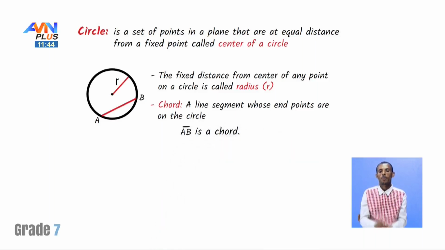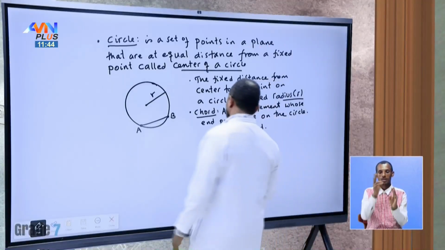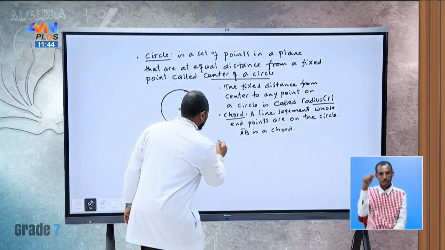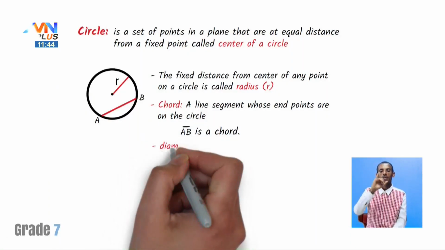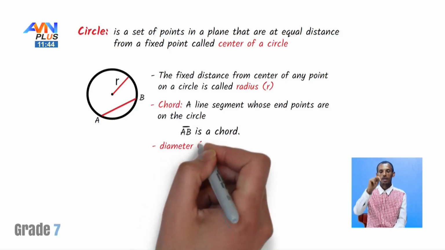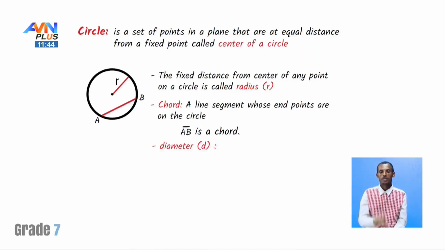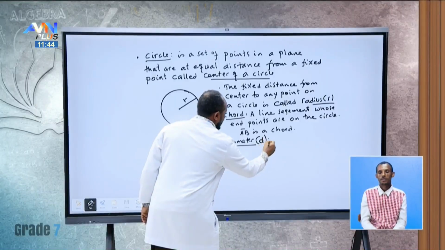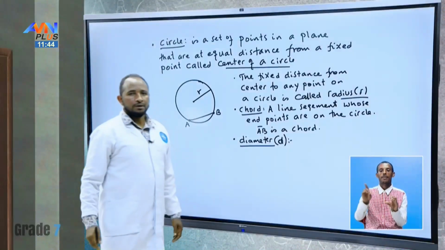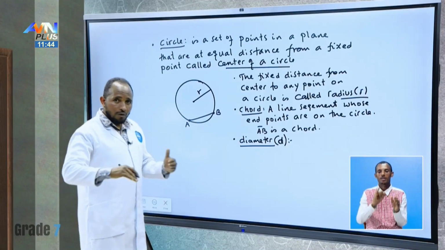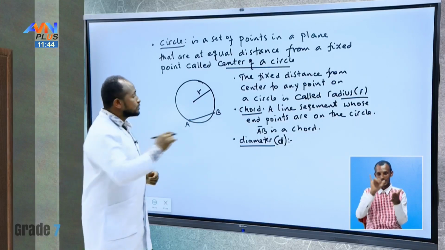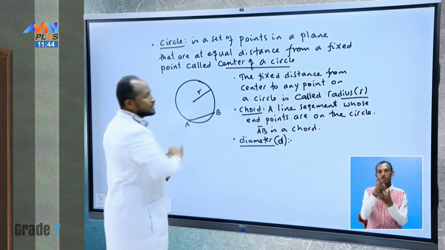Okay, now let's see another terminology. Diameter of circle. We use symbol small d for diameter. What's diameter? Here, diameter is a chord that passes through the center of the circle.